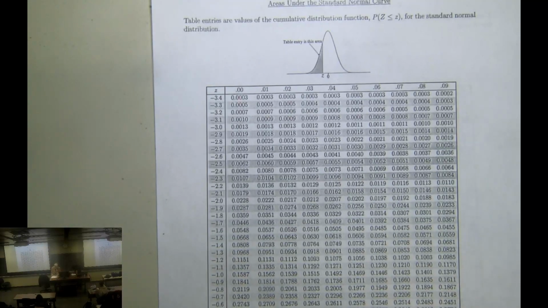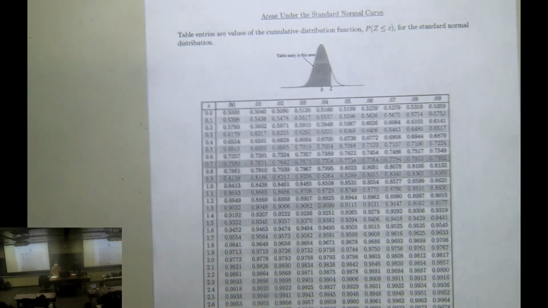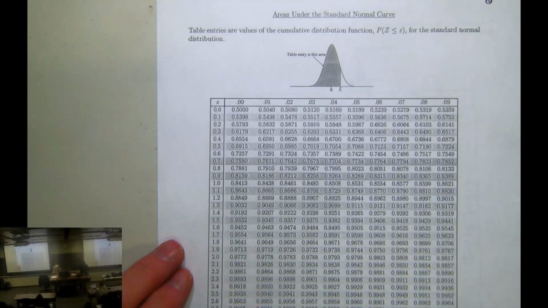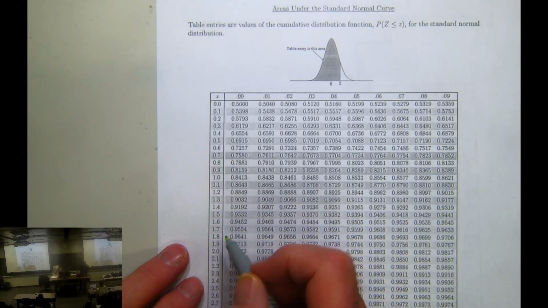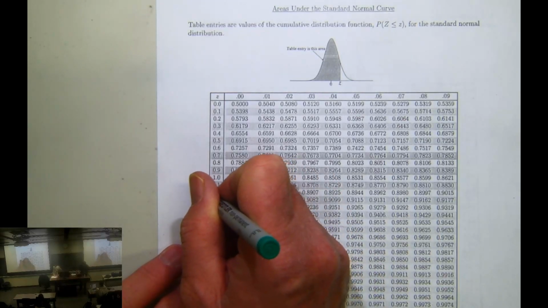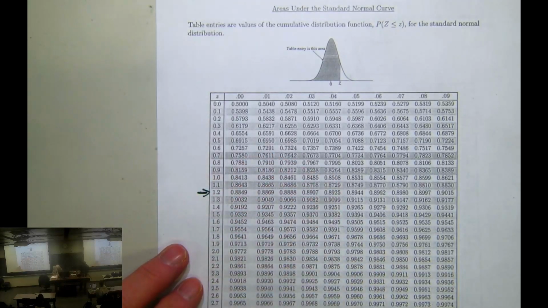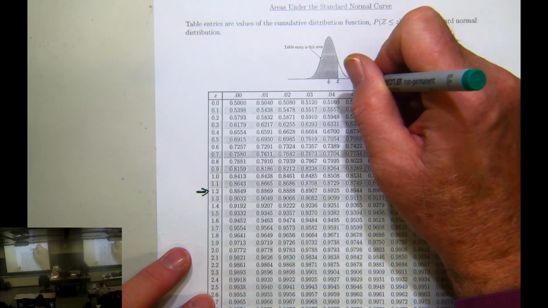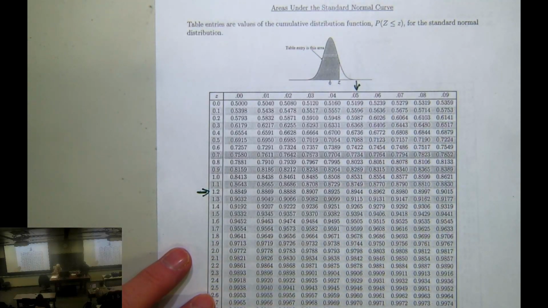Let's start with our example. We'll flip to the other side where the values of z are positive, and I want the cumulative probability for 1.25. So I identify it's going to be in the row 1.2, and then the second decimal place is going to be 5.